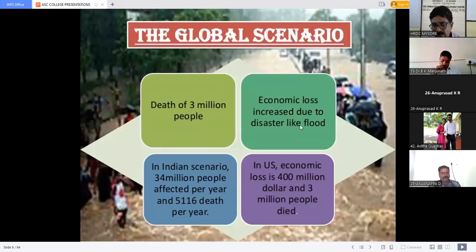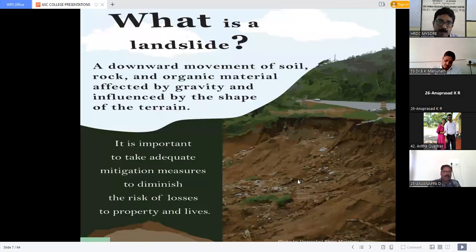Globally, disaster management has gone into statistics. Recent statistics show more than 300 million people have died or had their lifestyles collapse, with huge economic losses from nature. More than 34 million people are affected per year, and more than 6,000 people die due to various types of landslides.